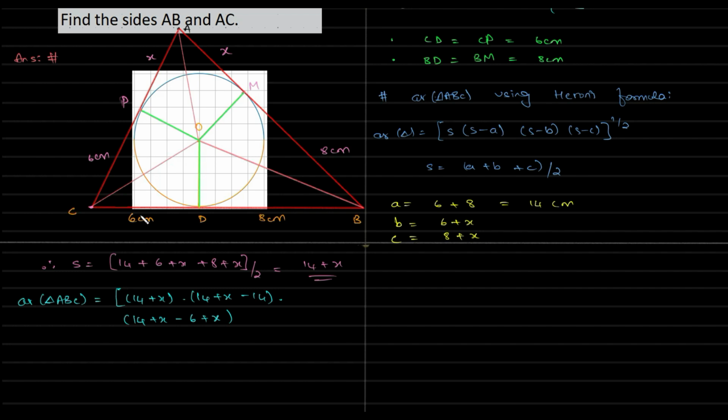But here remember, b is 6 plus x, so we need to be careful with the brackets. Into 14 plus x minus 8 plus x. Again, here I have to put brackets. I'll just color code it so that there's no confusion. And then the big brackets. So let me use some other color.